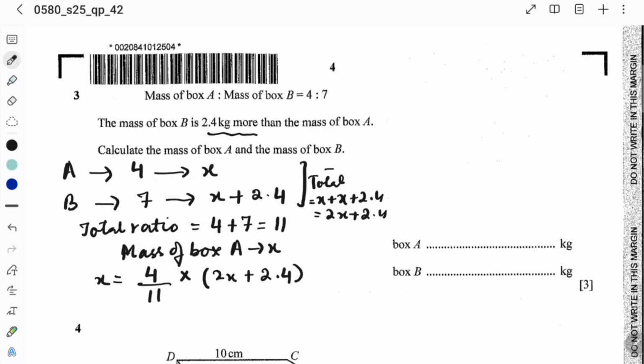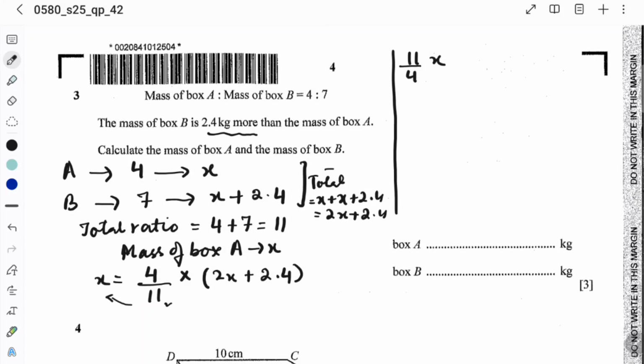Now just calculate. This is 4 out of 11 times 2x plus 2.4 equals x. We can take 11 and 4 to the other side: 11 was dividing, it will multiply to the other side, and 4 will divide to the other side.